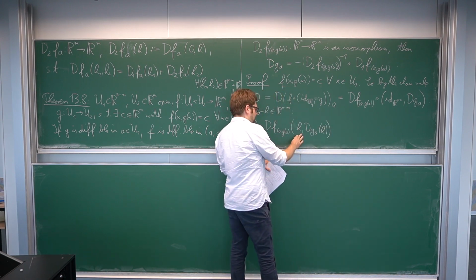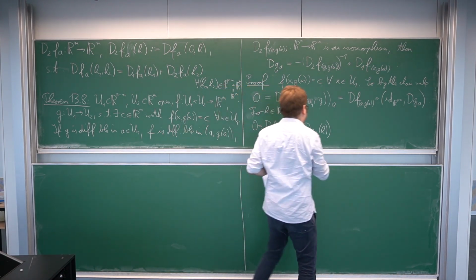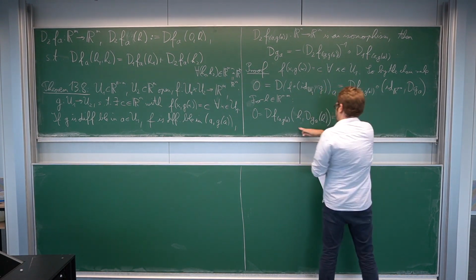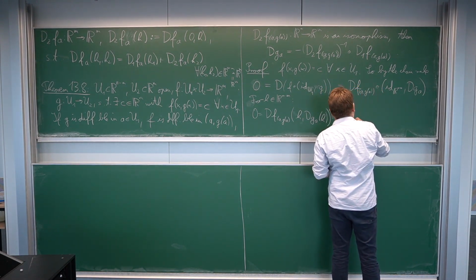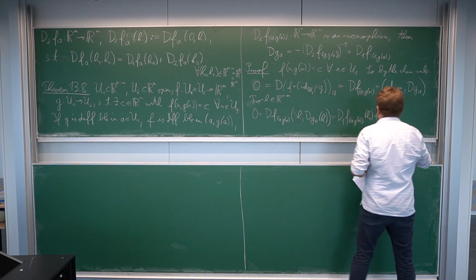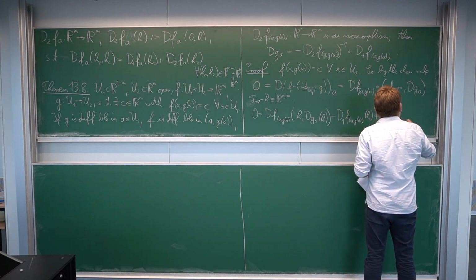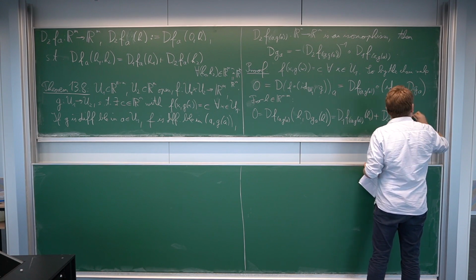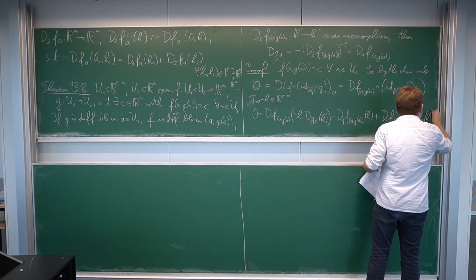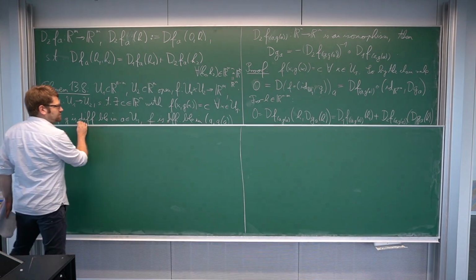And now this is in R^(n-m), this is in R^m, so we can use the decomposition there. So this is simply d1f in (a, g of a) of h1 plus d2f in (a, g of a) of dg_a of h.